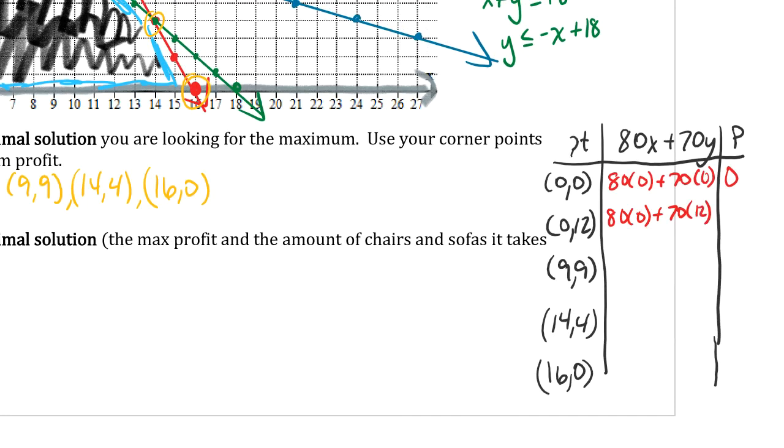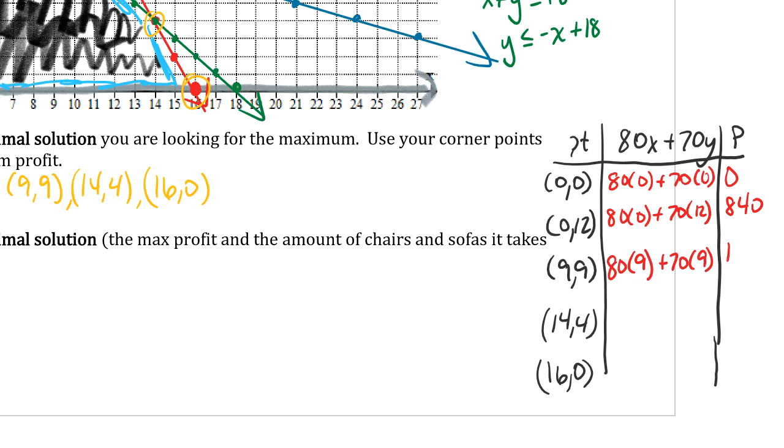And again, you can just plug these into your calculator. This one's going to get us 840. For (9, 9), we have 80 times 9 plus 70 times 9.